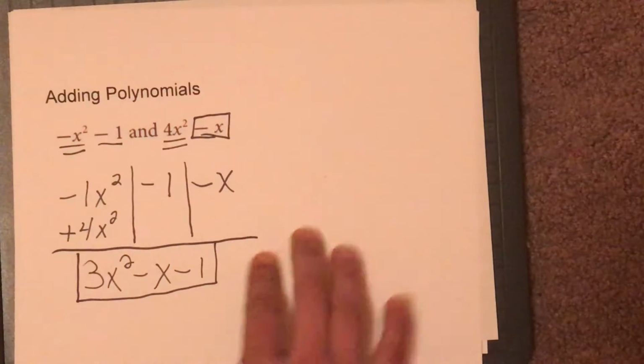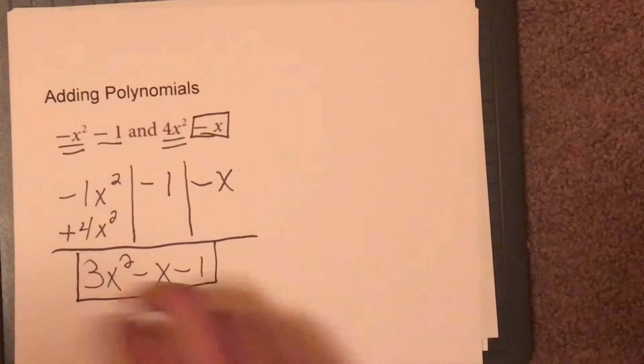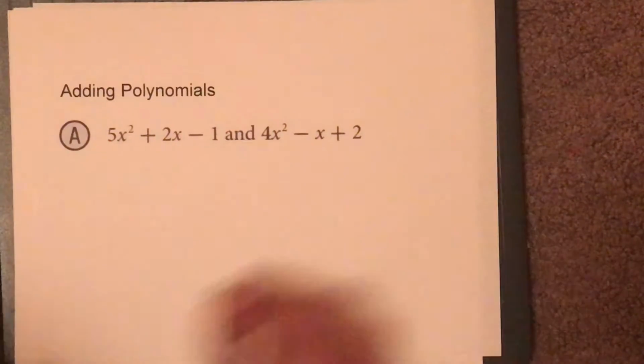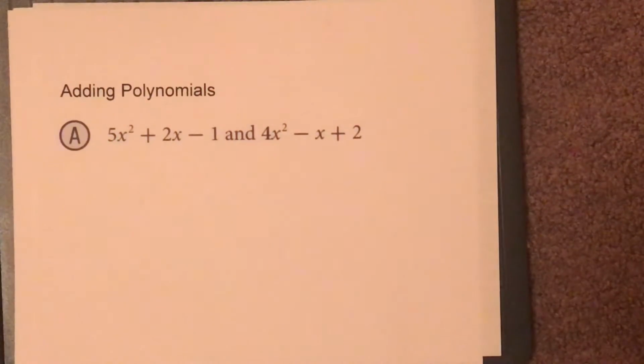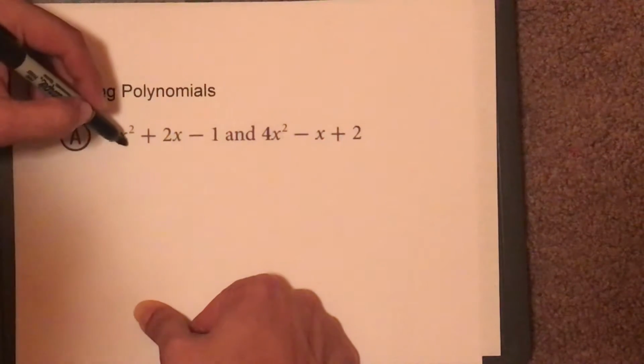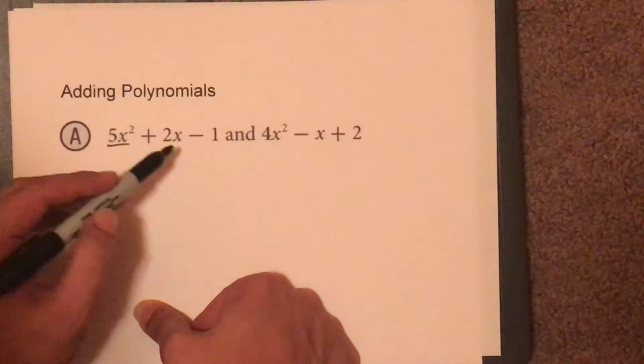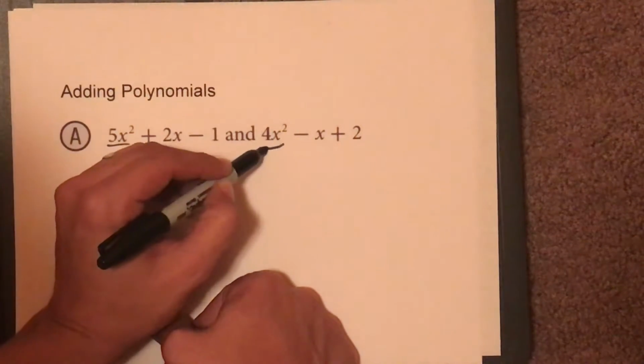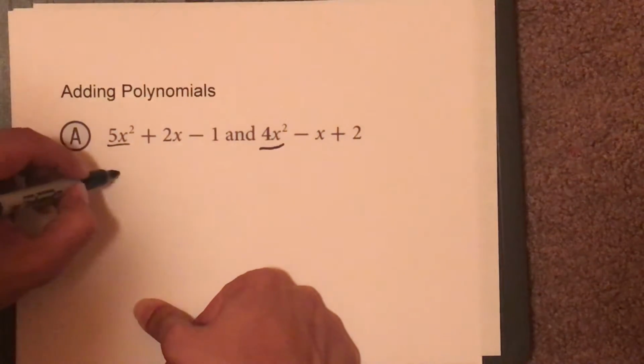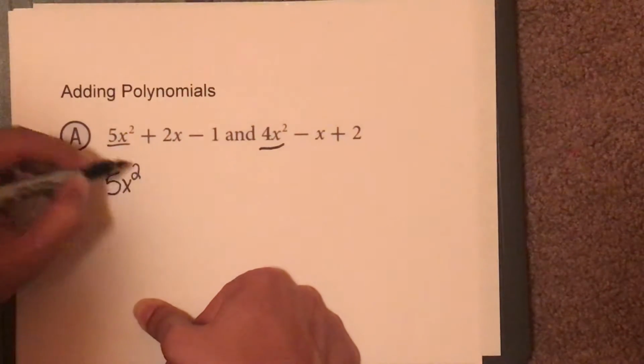Okay, we'll do another example just to further the understanding. Again, we're going to be adding polynomials. We'll identify our like terms. We have a 5x squared, and here's another x squared term, so we'll put them in a column together.